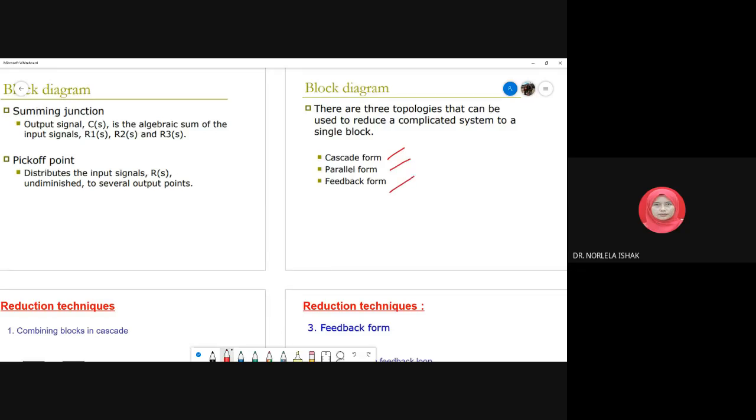So let's say I give you a complex block diagram. The first step, you have to define from the complex block diagram where is the cascade form, where is the parallel form, and where is the feedback form.